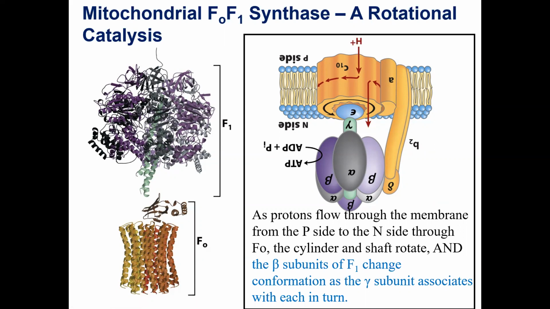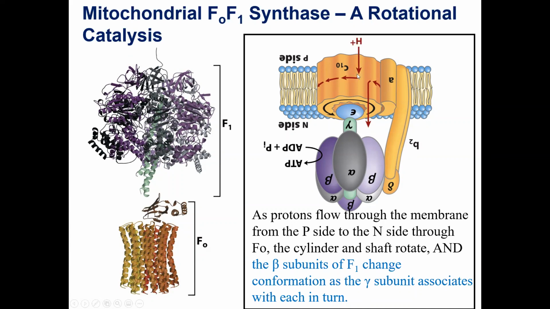If you look carefully, the F0 domain is shown here in yellow. 10 of these C helices come together to form this rotor domain. And A and B and delta form what we call the stator domain. They literally rotate, and they're shown by these red arrows here.